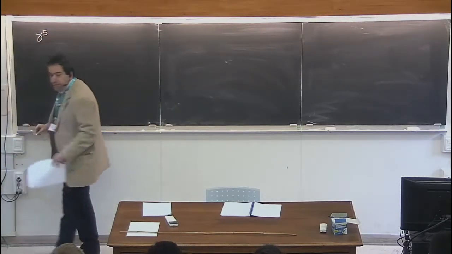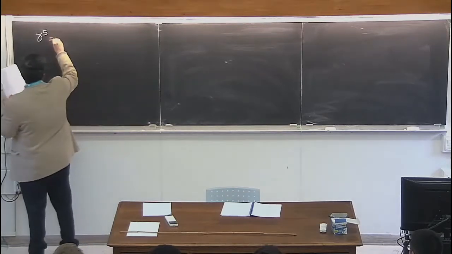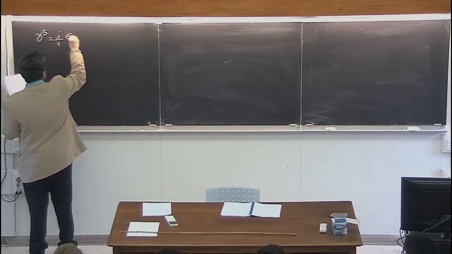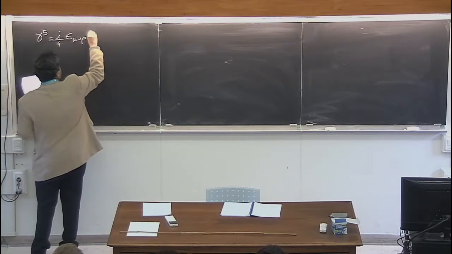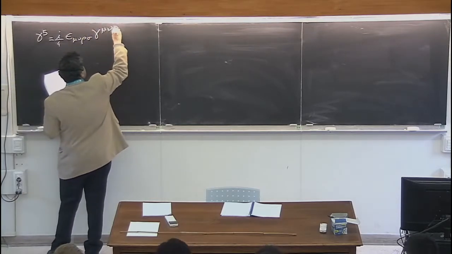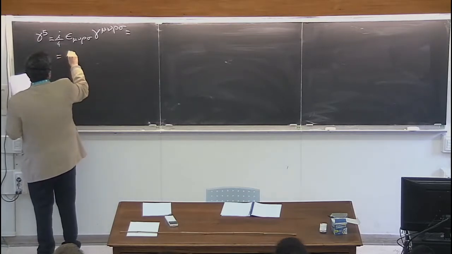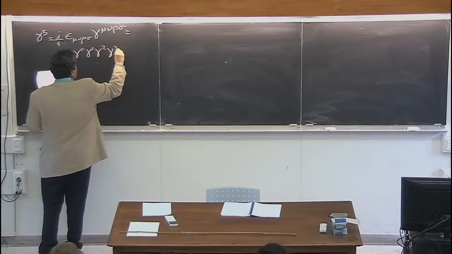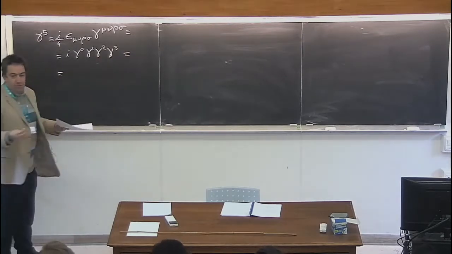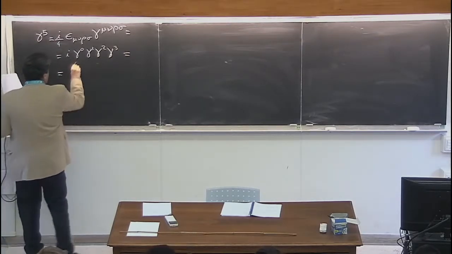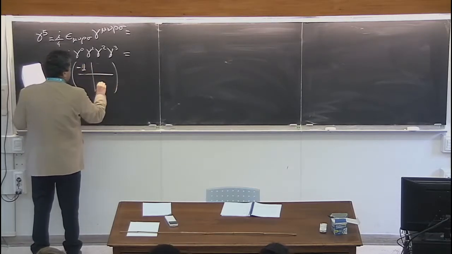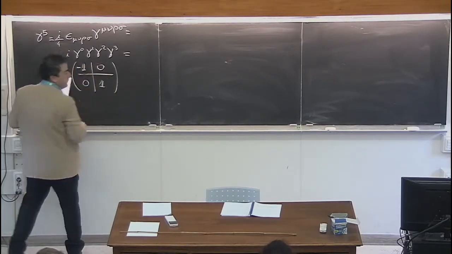The gamma 5 matrix is defined as i over 4 epsilon mu nu rho sigma gamma mu nu rho sigma, which is also equal to i gamma 0 gamma 1 gamma 2 gamma 3, and you can verify in our representation that this is nothing but the 2 by 2 identity plus the identity, 0, 0.